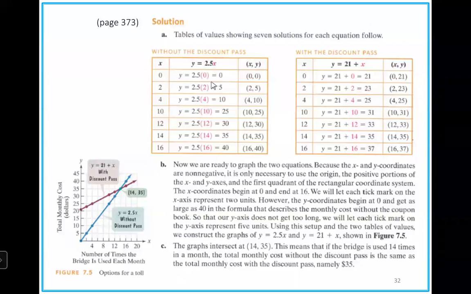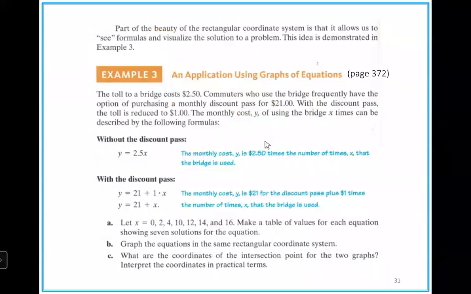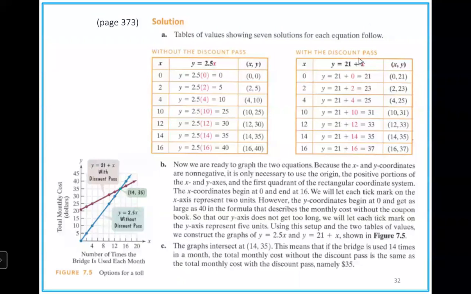If x is 0, 2.5 times that would be 0. 2.5 times 2 would be 5. And so they work out these different possible values for y based on the value for x. And then there's another formula they had, 21 plus x. So that's the other formula. So one is with the pass and one is without the pass.